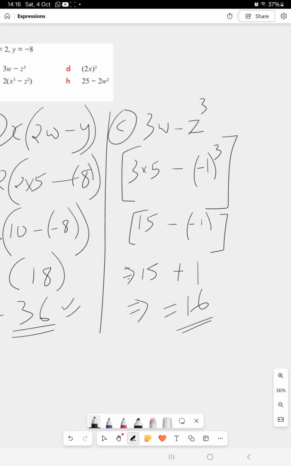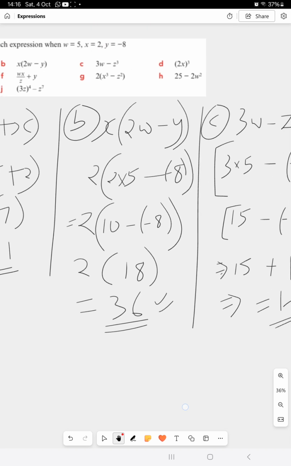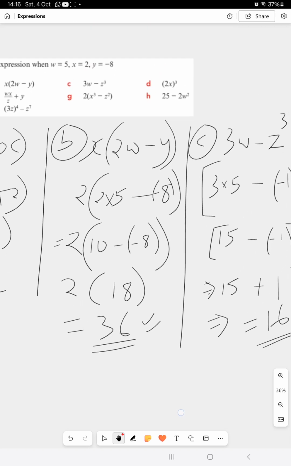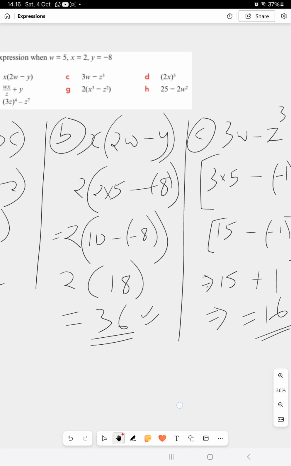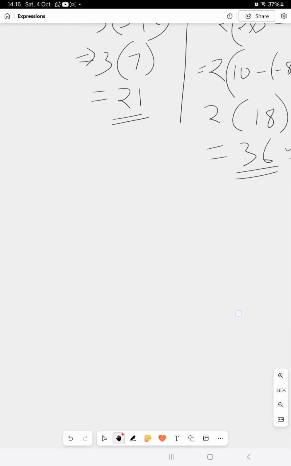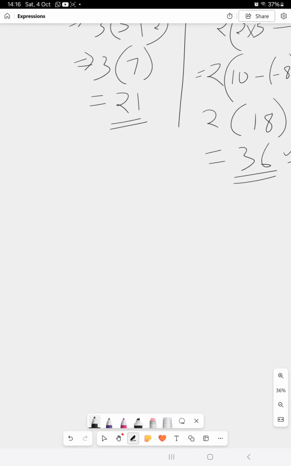Let's do the other one. D. D says it is 2x cubed, and x is 2. 2x, all this cubed.